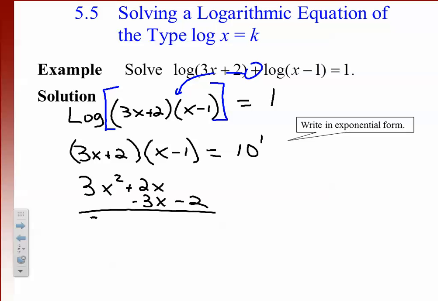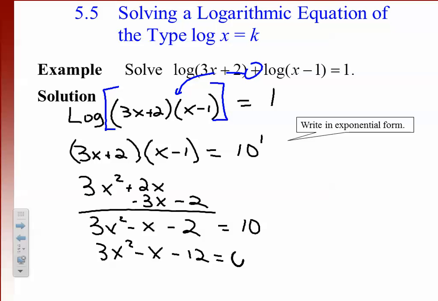All that equals 3x squared minus x minus 2 equals 10. To solve this quadratic, we need to get the 10 over on this side. So it would be 3x squared minus x minus 12 equals 0.